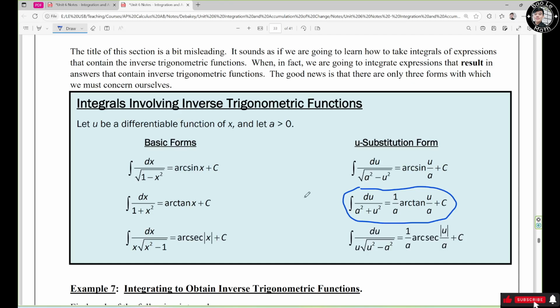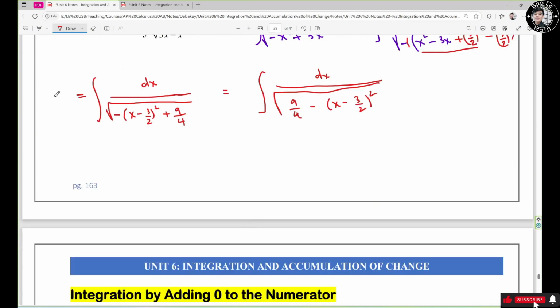Now I need to apply the formula right here. I'm going to let u be s minus 3 over 2. Then du equals ds. Now a squared equals 9 over 4, then a equals square root of 9 over 4 equals 3 over 2.